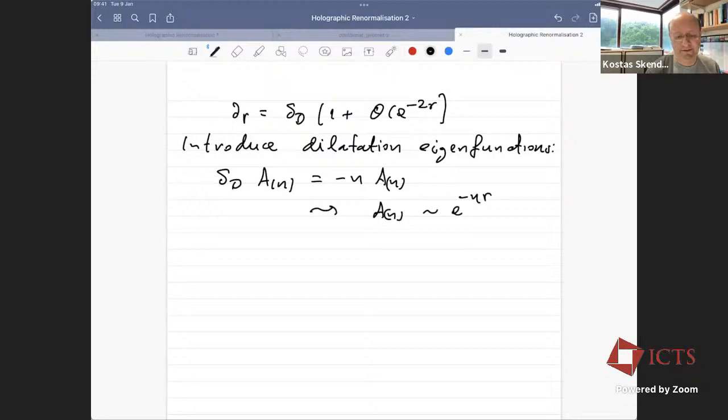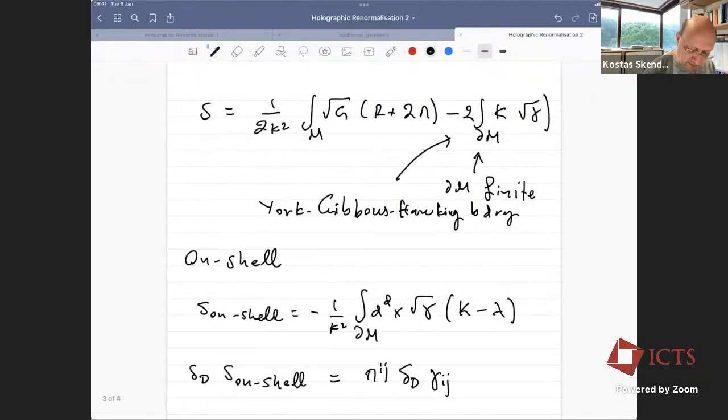So now we can solve the field equations in a covariant fashion by expressing them in terms of eigenfunctions of the dilatation operator. Okay, now to do this, we need to understand the behavior of this guy.